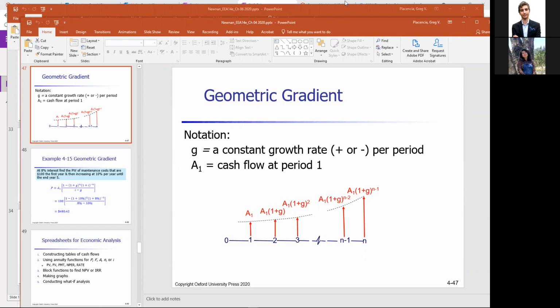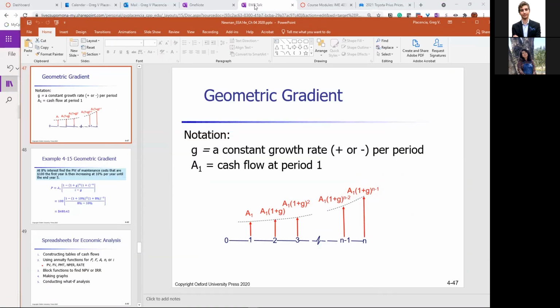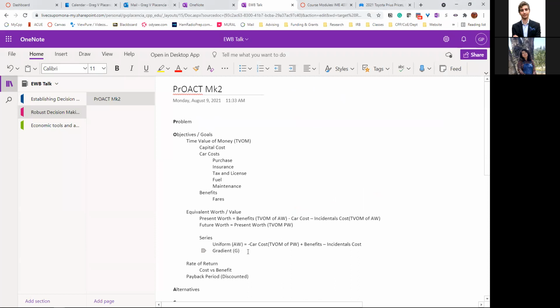And again, the idea behind that is it allows you, at the end of the day, to go back and ask yourself, what is this equivalent, either in a uniform value or present worth? So for example, with the car, let's say you already have a car, and you ask, should I use this car or should I get a new one? So you can ask, okay, what's changing?